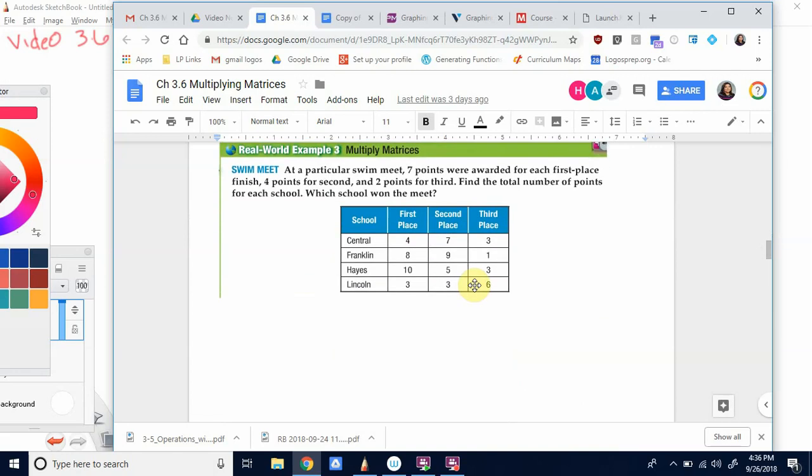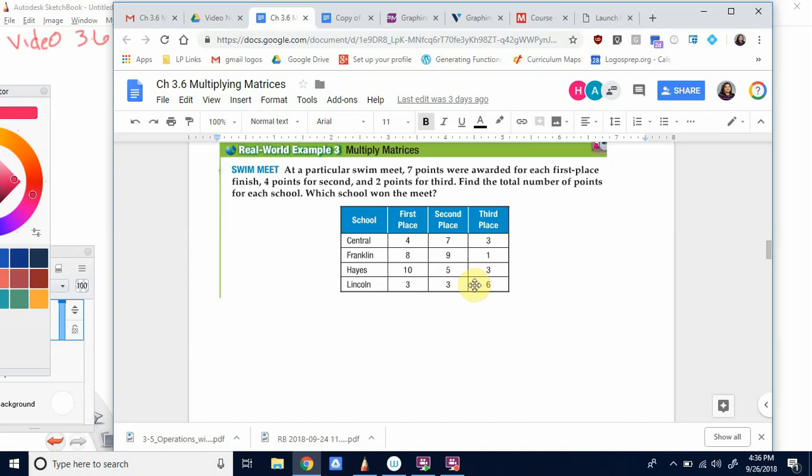First of all, we're going to have to take the results, because this is how many first places Central High got. They got 4 and they got 7. That's what this means. 7 second place finishes and 3 third place, and so on. So we have to take this times, for first place, it's going to be 4 times 7, and 7 times 4, and 3 times 2, and then we add those points together.